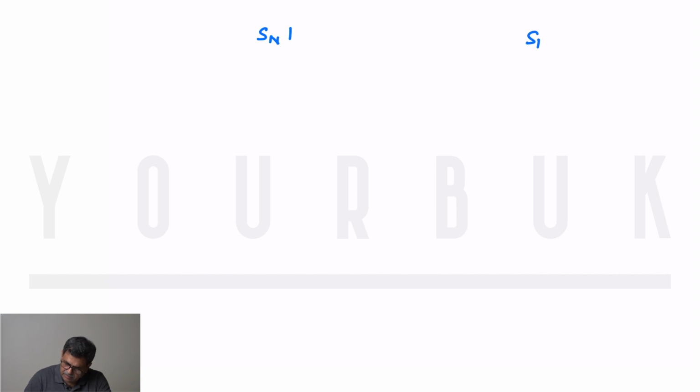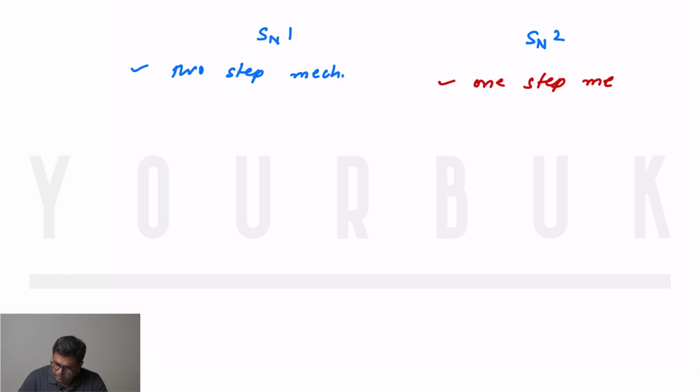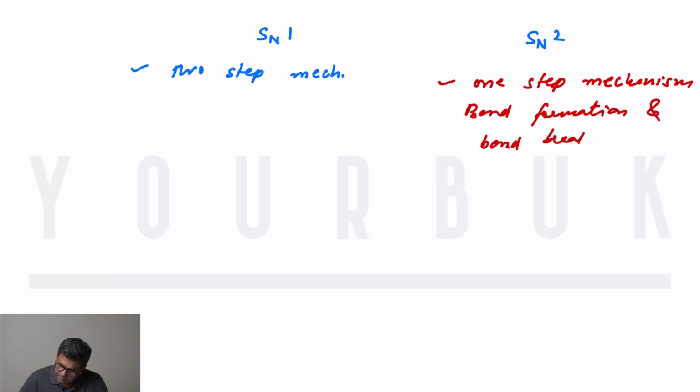SN1 is a two-step mechanism. SN2 is a one-step mechanism, where bond formation and bond breaking take place simultaneously.